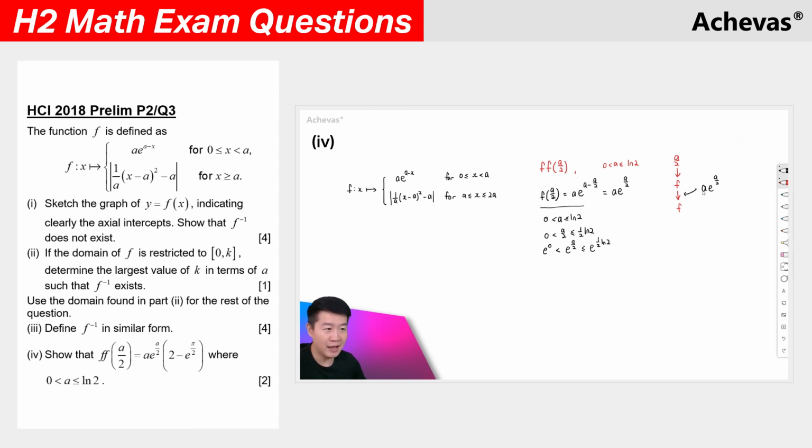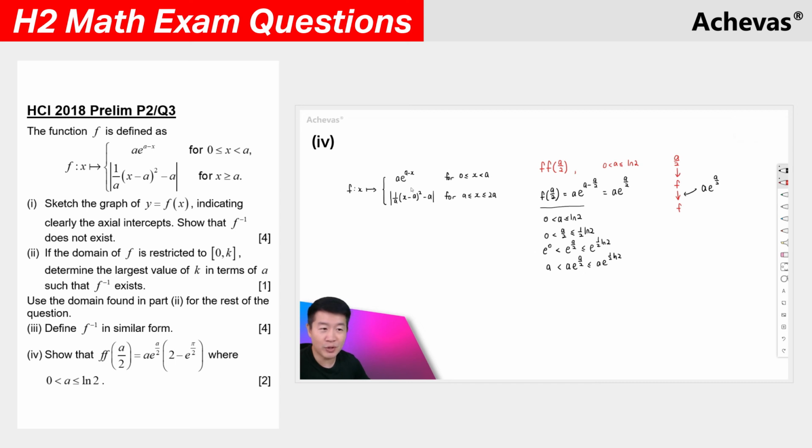And since a is a number bigger than 0, I can multiply a throughout the inequality and it will not affect the inequality. e to the power of 0 is 1, so multiplying by a gives a. Then here it will be a less than a e to the power of a over 2, less than or equal to a e to the power of half ln 2, which means that this number, a e to the power of a over 2, is bigger than a. Since it's bigger than a, that means x is going to be between a and 2a.